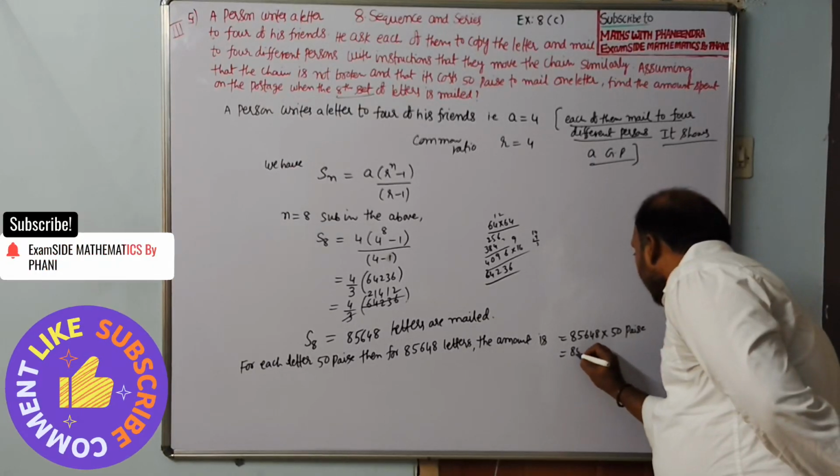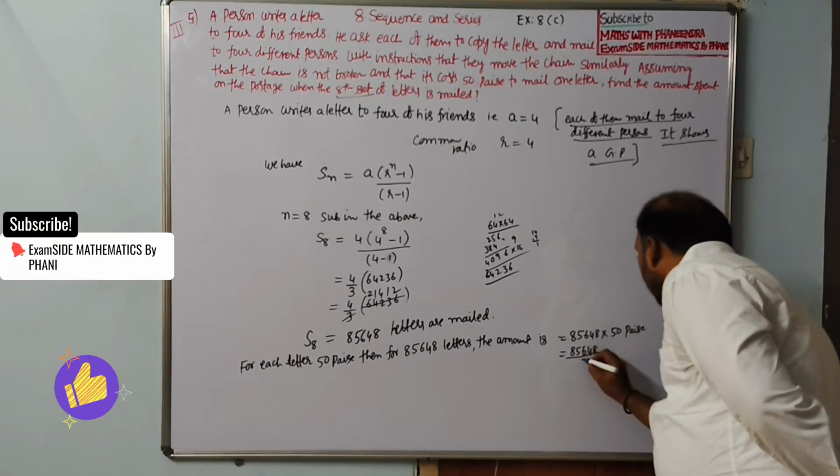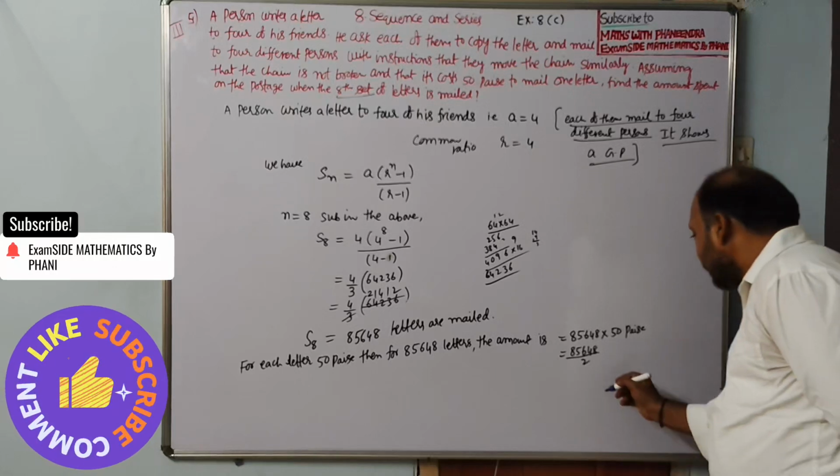So we can write it as 85648 by 1 by 2. 50 paise means 1 by 2, I am writing.